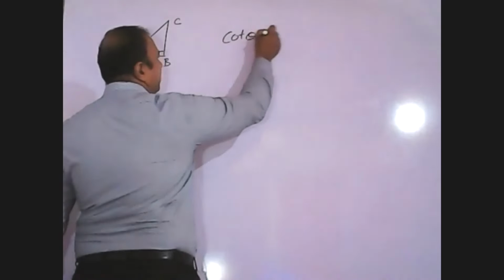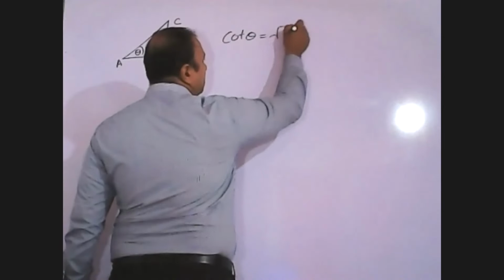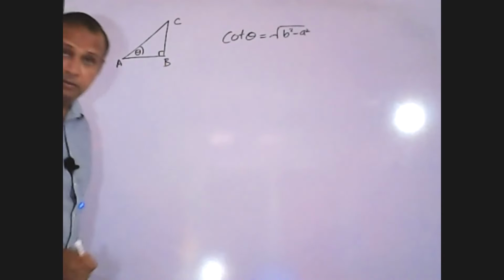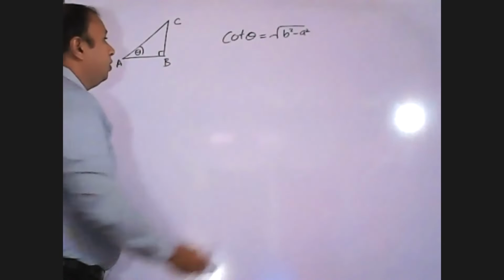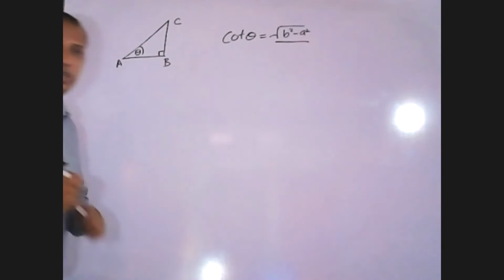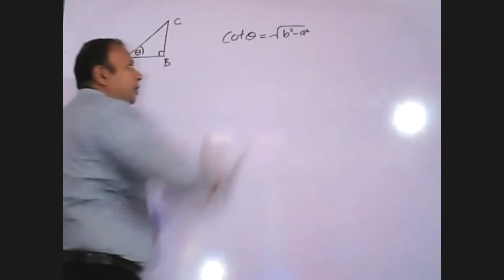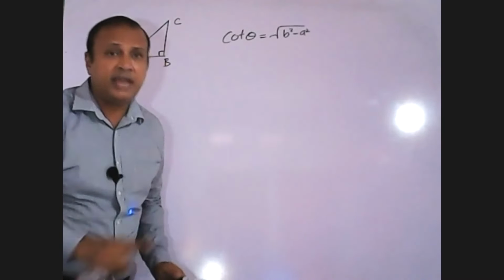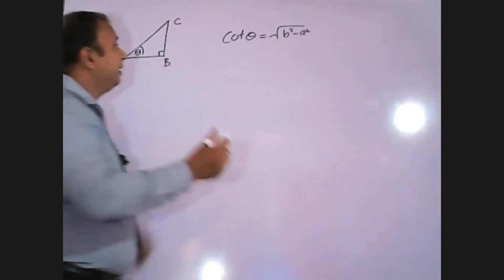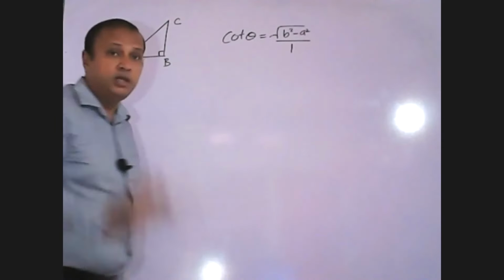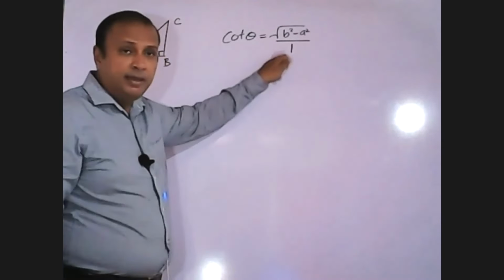Cot theta is adjacent side over opposite side. I can write this as a fraction. Actually, we are given only a number, but any number can be written as a fraction, because the denominator of a number can be taken as 1.